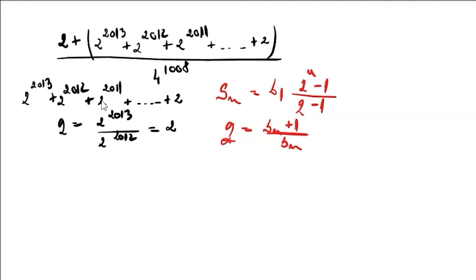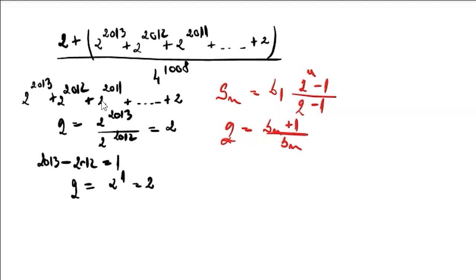If we subtract between the first two terms, we get 2013 minus 2012, which equals 1. And by keeping the base, we obtain q equals 2^1, which equals 2.